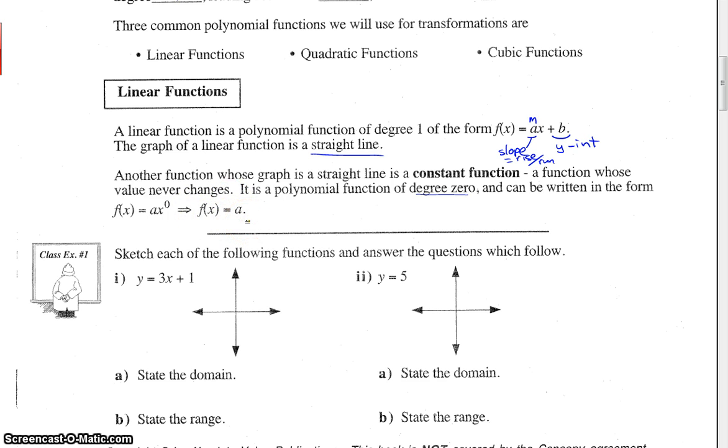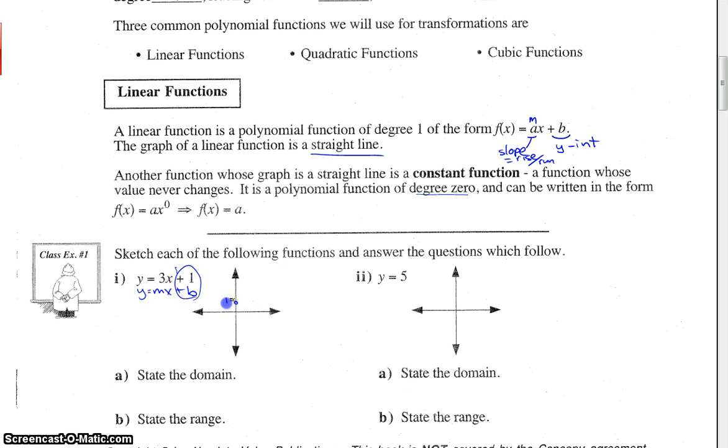Okay, let's take a look at example number 1. So first one, y equals 3x plus 1. Oh, look at that. We have an exponent of 1 on our x, which means it's degree 1 and it should be a straight line. So if we use the old y equals mx plus b to graph this, we start with our y-intercept, which should be 1.